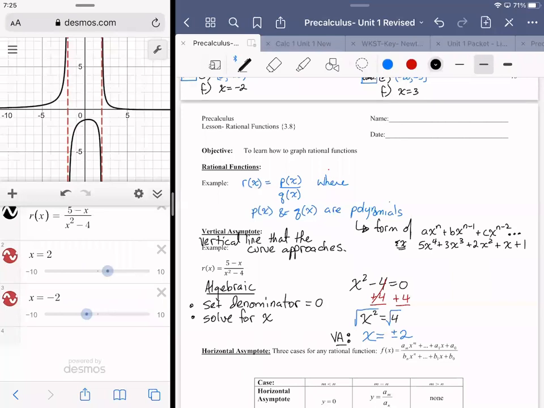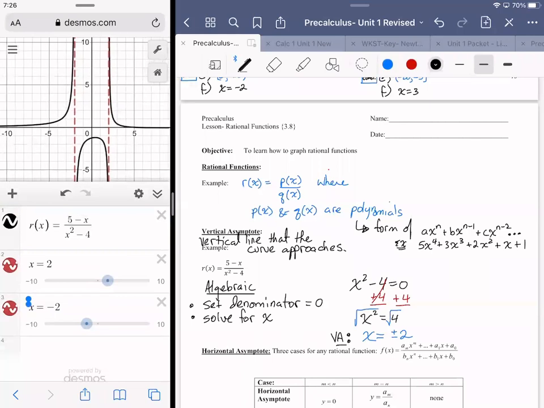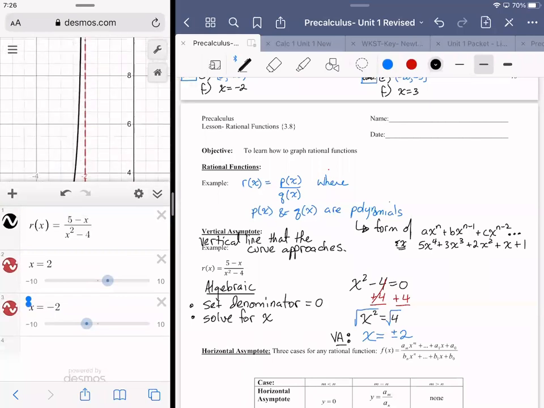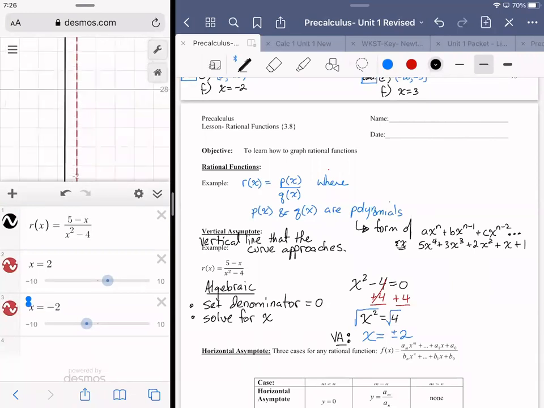My definition of a vertical asymptote is a vertical line that the curve approaches. We've actually seen this before, a few problems ago. If you look at this curve, focusing on this piece here, it appears that the curve is approaching it.